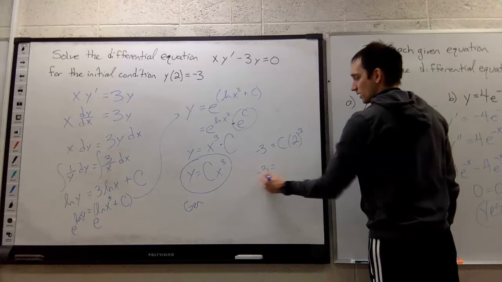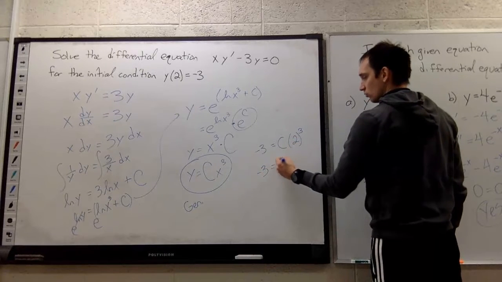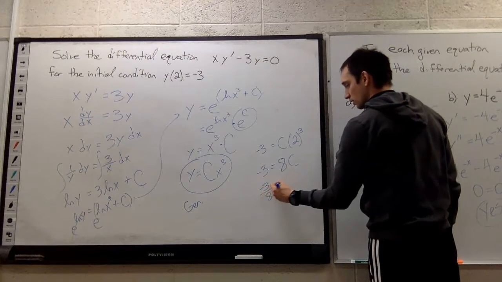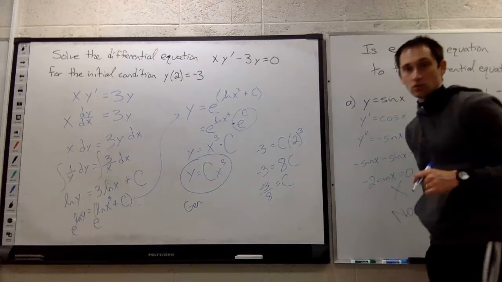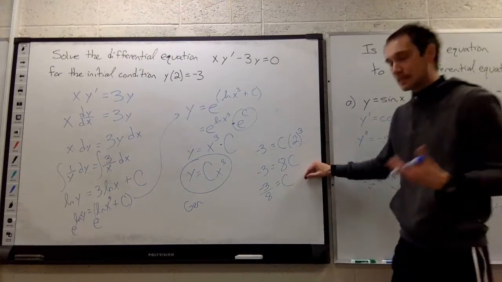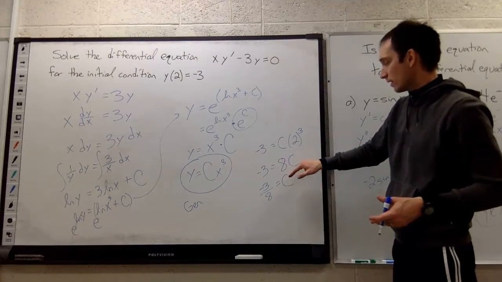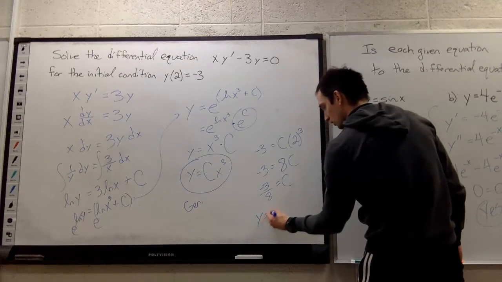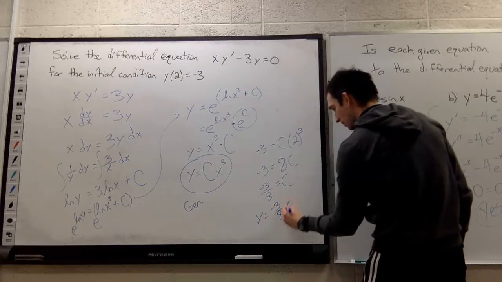So you'd have -3 equals c times 2 cubed, which is 8. And so c is -3/8. Now that is not your particular solution. The constant value is not the particular solution. The particular solution is the equation with -3/8 as your constant. So you'd end up with y equals -3/8 times x cubed.